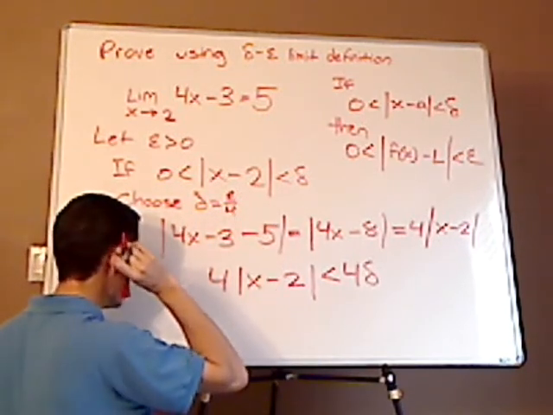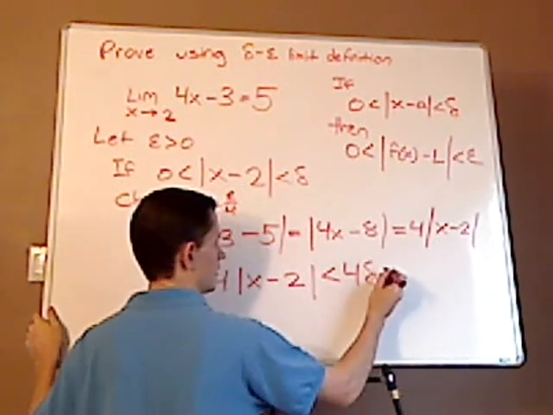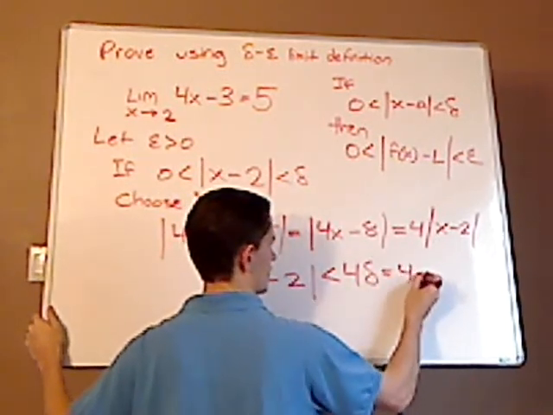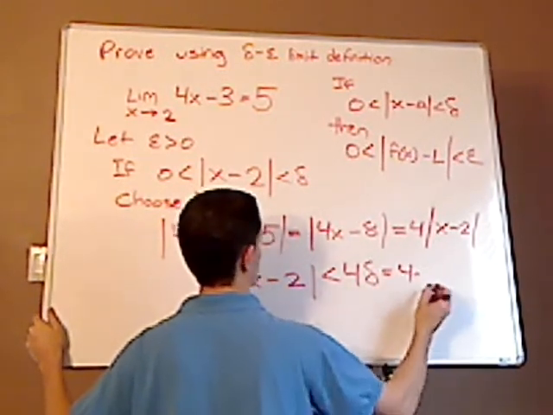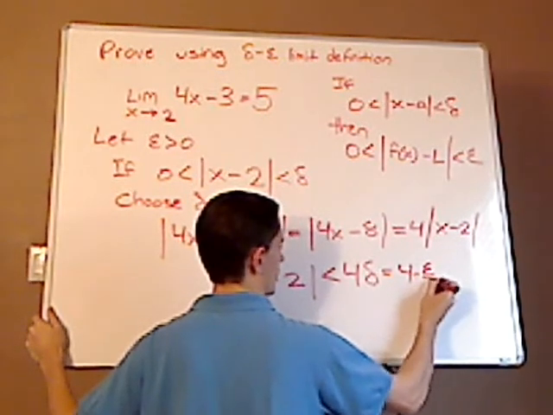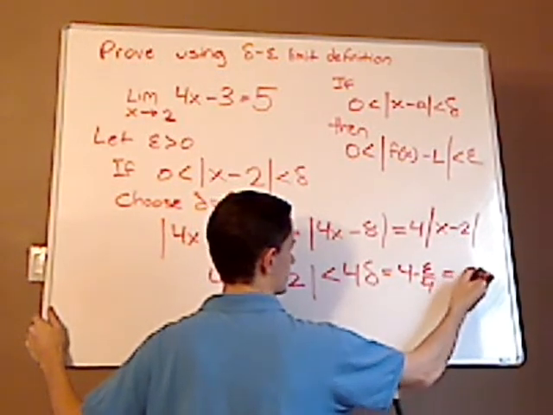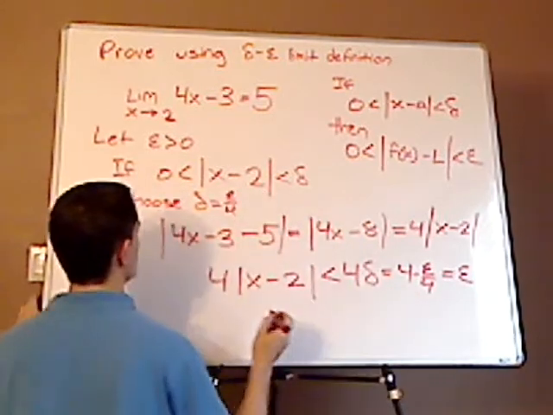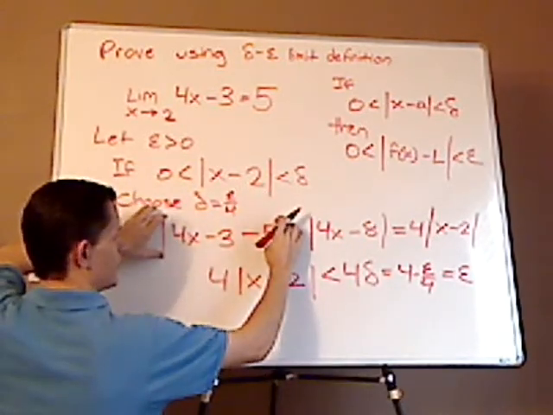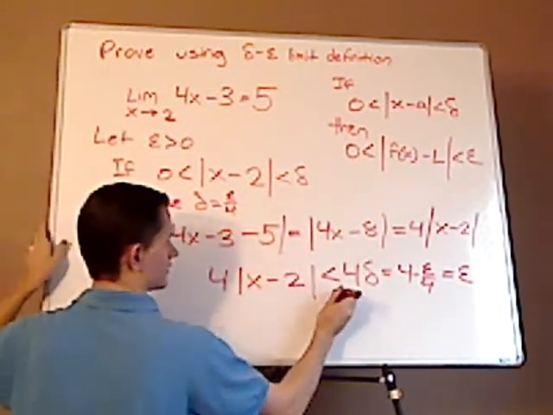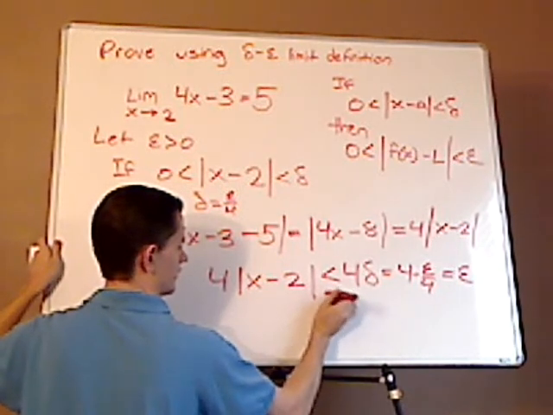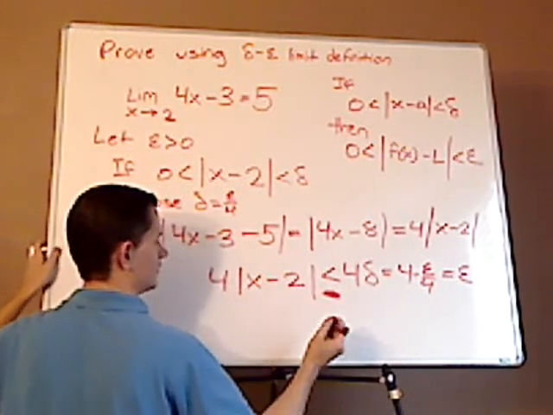Right? If I do that, this is 4 times epsilon over 4, and that simplifies to epsilon. So therefore, this is less than, because you got the less than right here. It's not an equal, I'm just pointing it out.